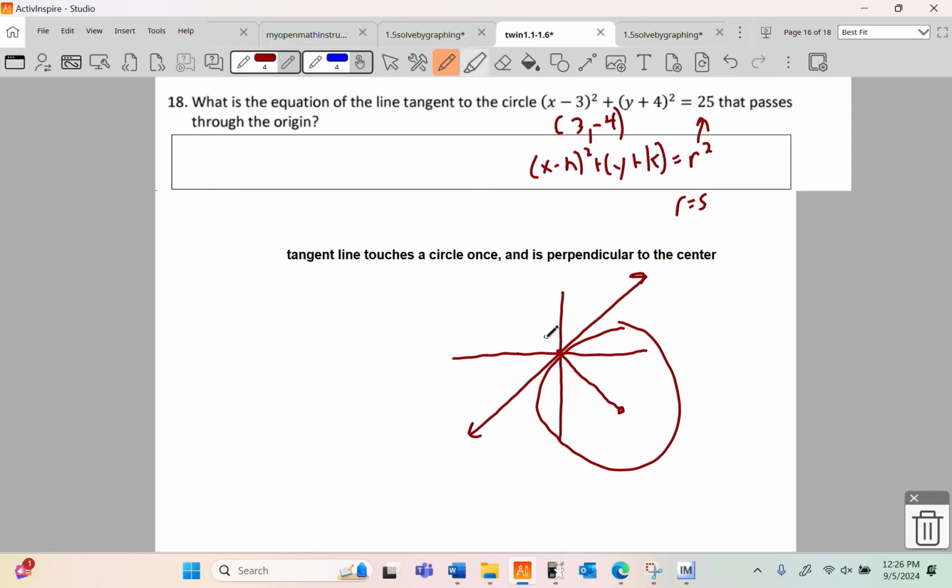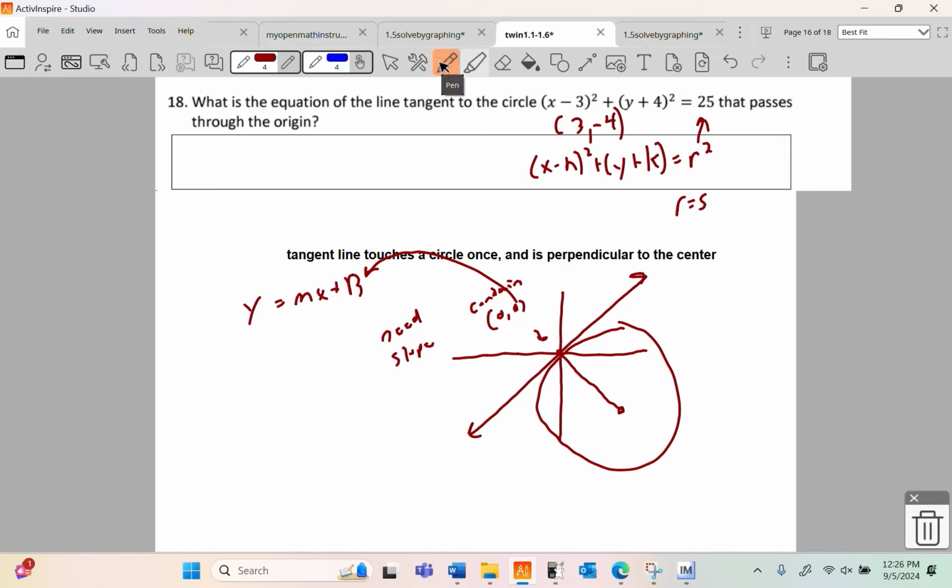If I pass through the origin, I know I contain the point 0, 0. And what I need to do is figure out the slope, because I can actually do this with y equals mx plus b, because b is 0. All right? So I can do that.